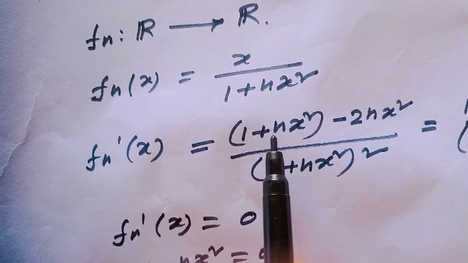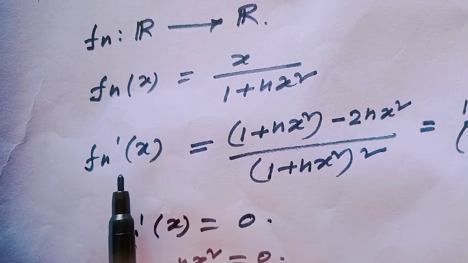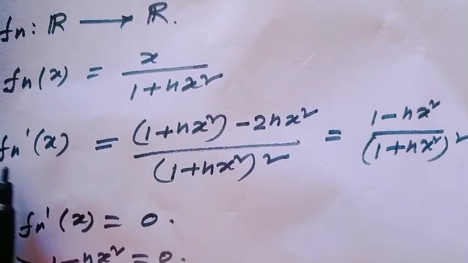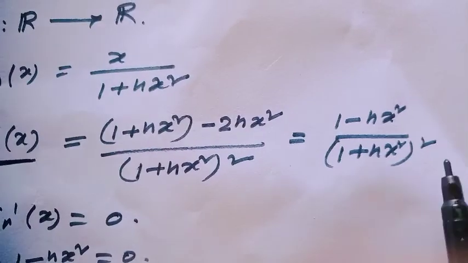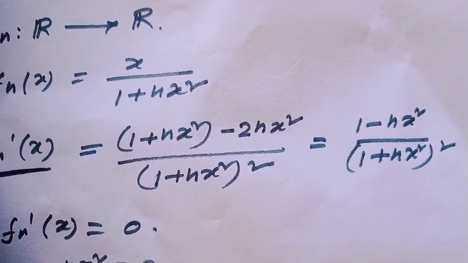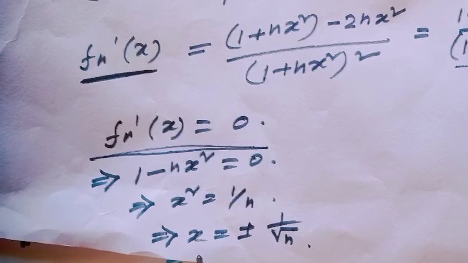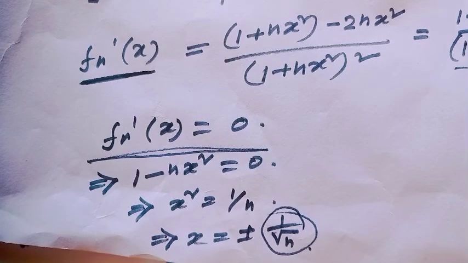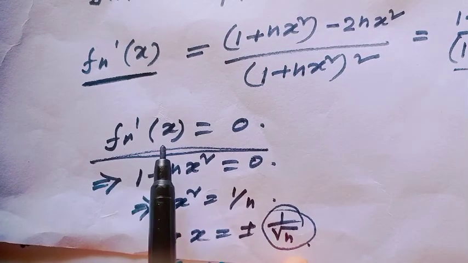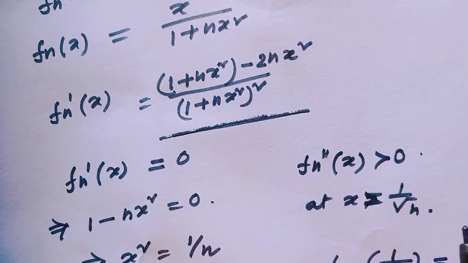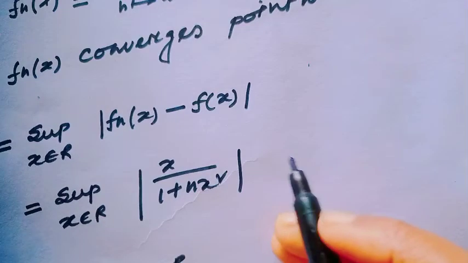The derivative f_n'(x) is 1 minus n x squared over (1 plus n x squared) whole squared. If we solve this equation, we get that at x equal to plus or minus 1 over square root of n, f_n'(x) vanishes. That means at the point 1 over square root of n, the function has a maximum value.